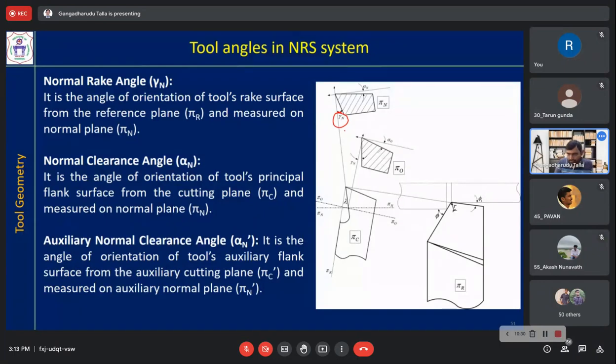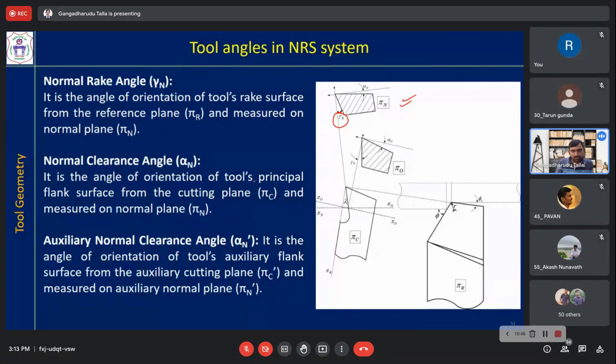So that is gamma n. Then normal clearance angle alpha n. You can see this in graphical view.